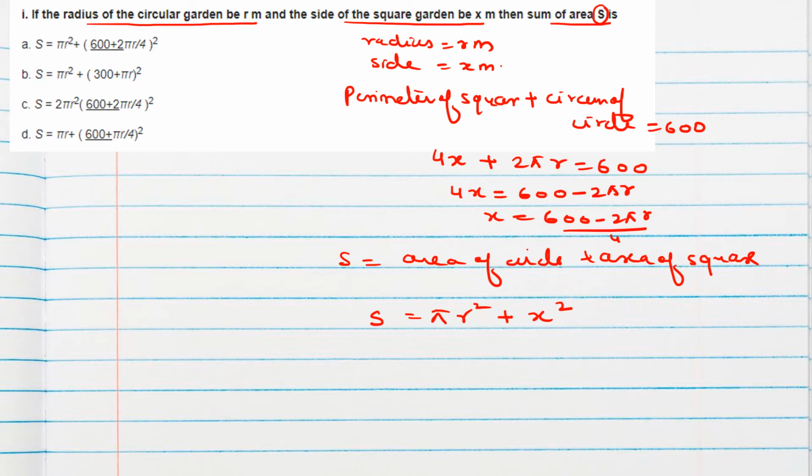So the answer will be pi r squared plus x squared, that is ((600 minus 2 pi r) divided by 4) whole squared. If you see the options, the first option we can say is correct; maybe there is a misprint, so we should keep a minus. So the first option is correct: pi r squared plus ((600 minus 2 pi r) divided by 4) whole squared. So this is our area.